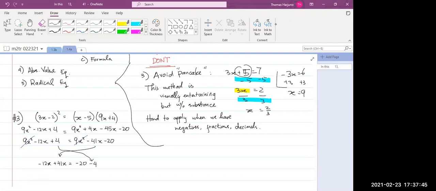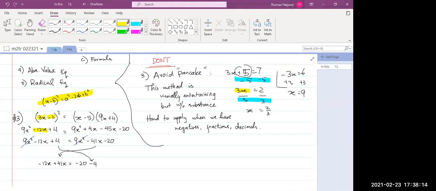Where did negative 12x come from? From here, if I have a minus b squared, that's a squared minus 2ab plus b squared. So 2 times a times b. That's how we get that.